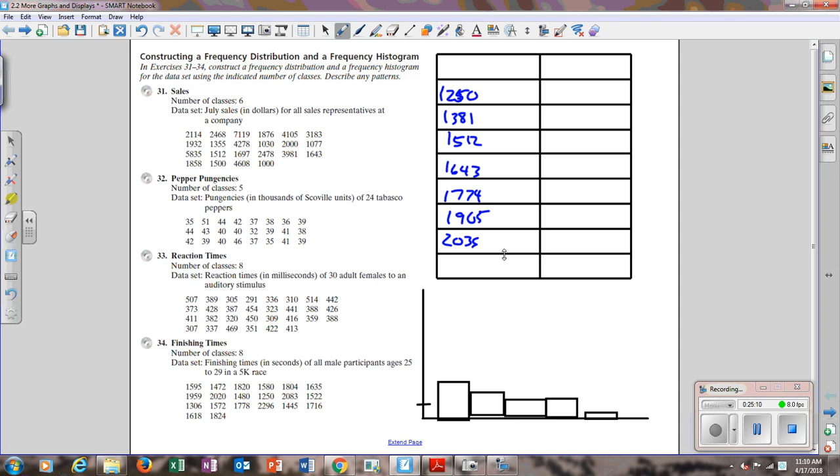And the last one, 2167. Add 130 to that, you get 2297.